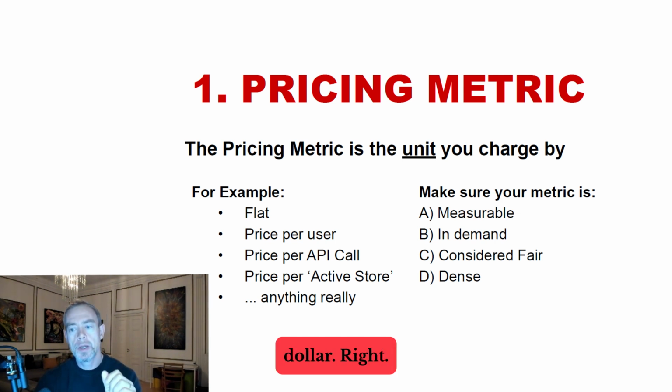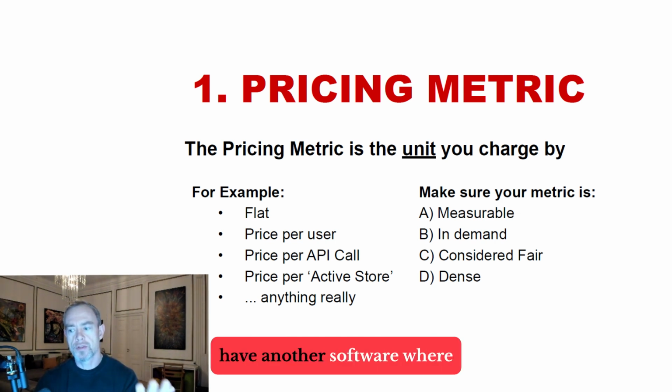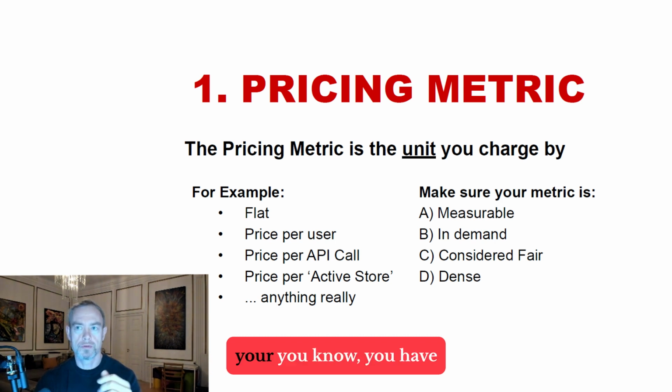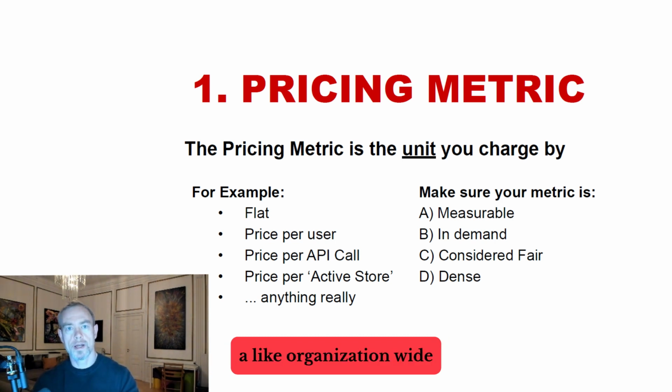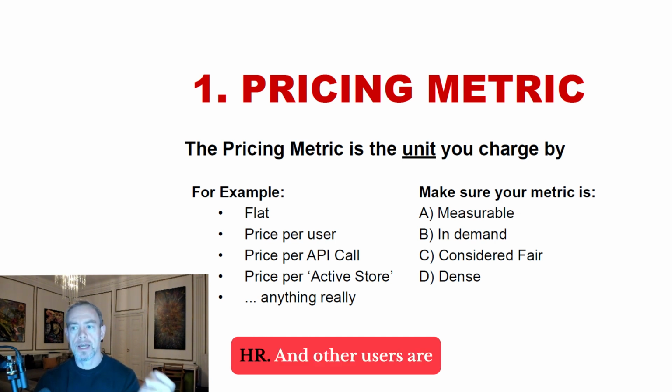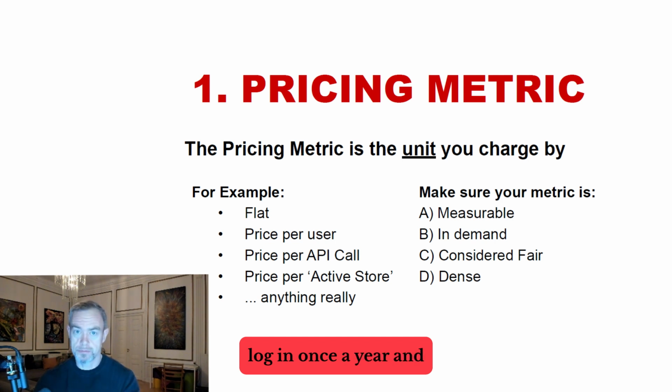And a dollar is a perfectly dense unit, meaning that $1 is worth just as much as the other dollar, right? But let's say that you have another software where you have an organization-wide training thing, and some users are the heavy admin users in HR, and other users are very casual, like they log in once a year and check a box, right?